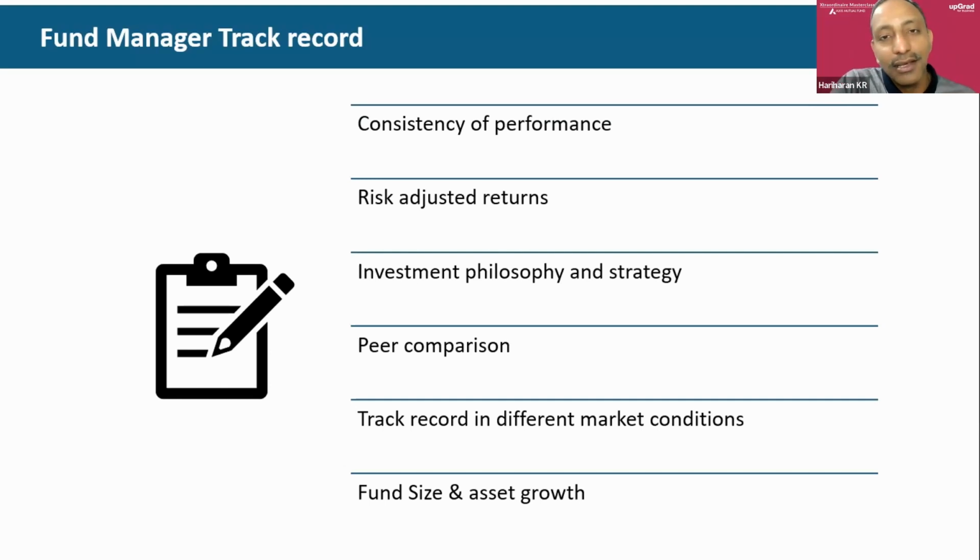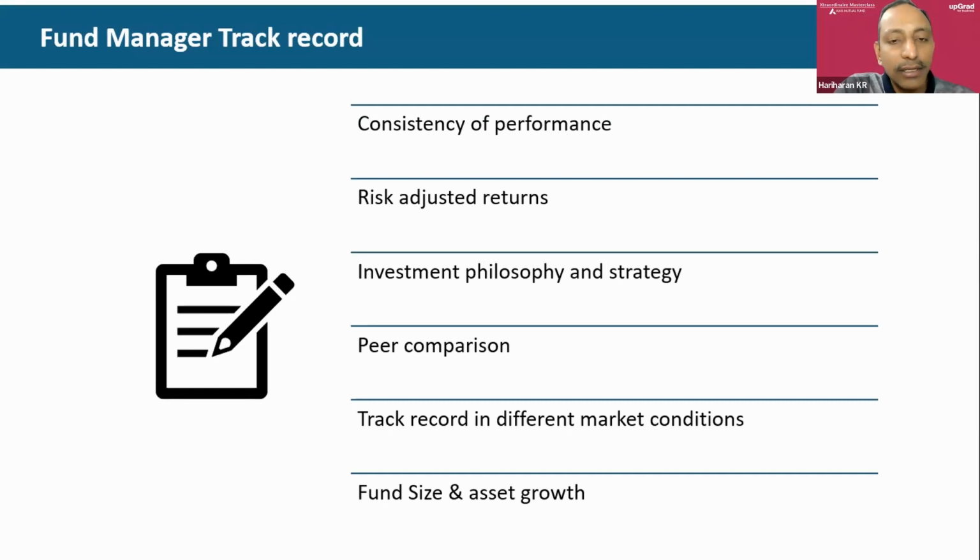Again, good dasha running for the fund manager, Jupiter dasha running, Guru dasha running, very good performance. Shani dasha comes, and the performance is bad, right? So it is important to evaluate across cycles and not just look at a 2-year, 3-year short-term track record.